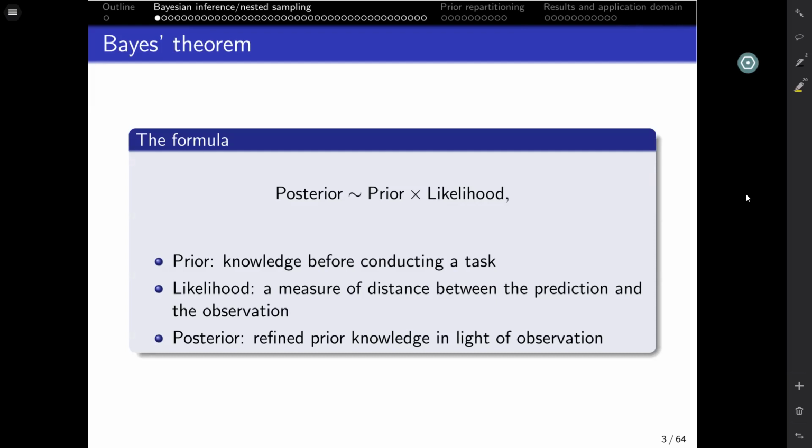And the posterior is the refined version of the prior distribution in light of those observed data.